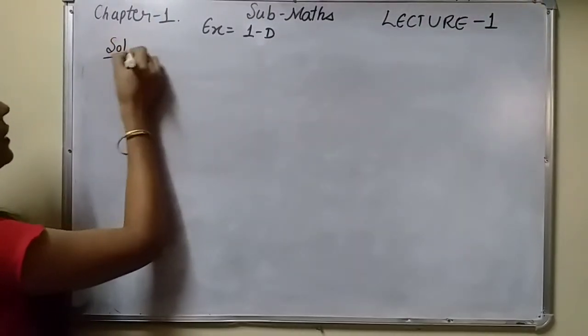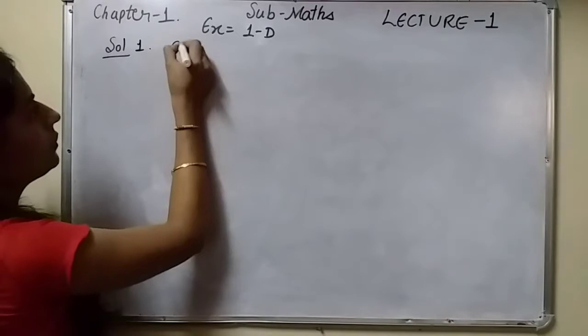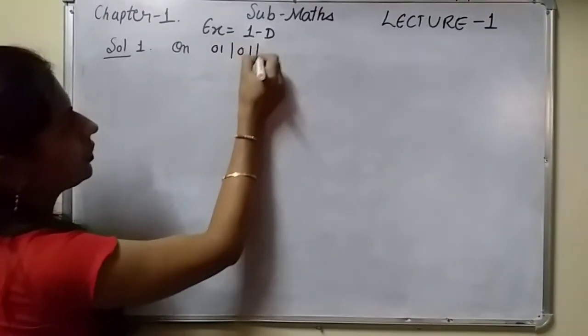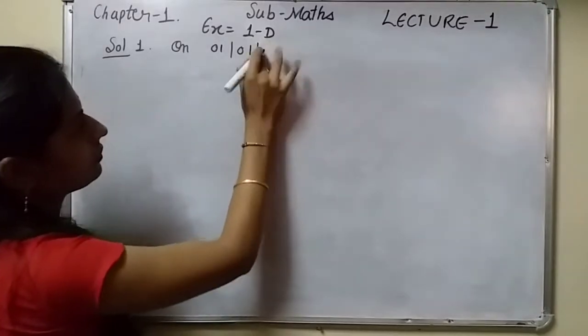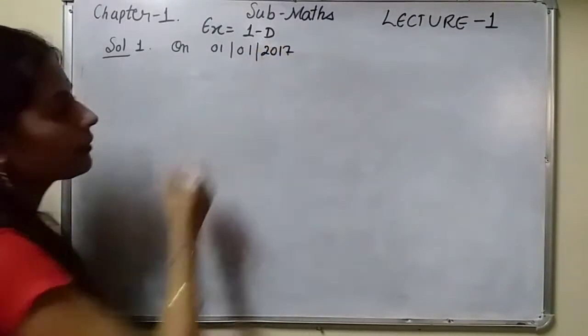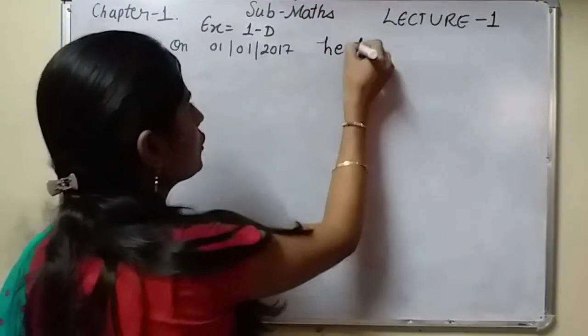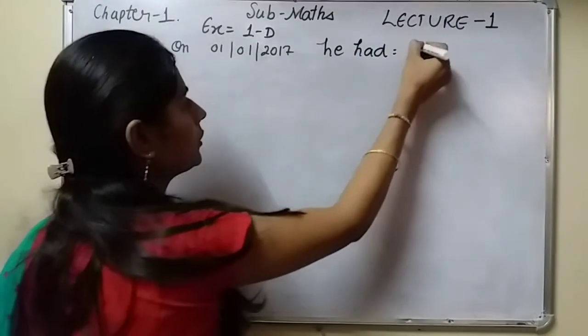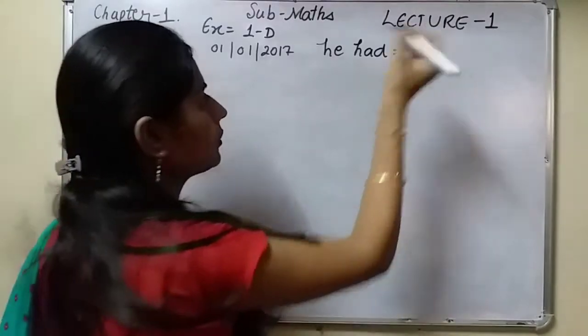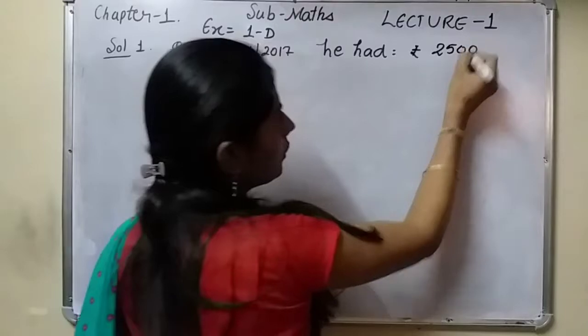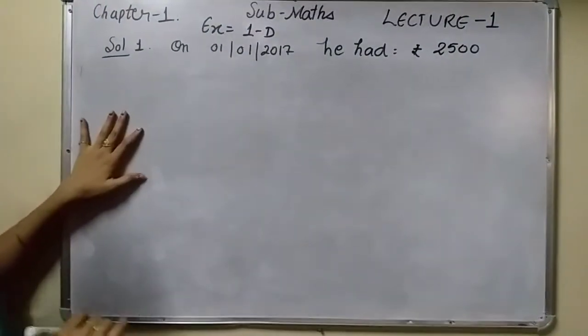Now see, solution number first. On 1st January 2017, how much rupees did he have? Rupees 2500. Okay, that is given in your question.